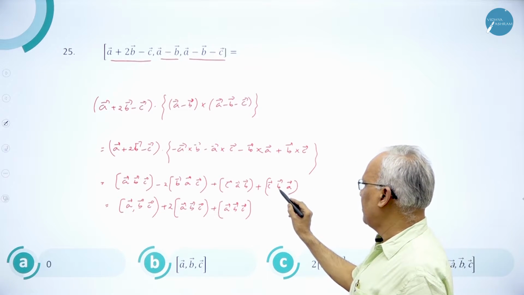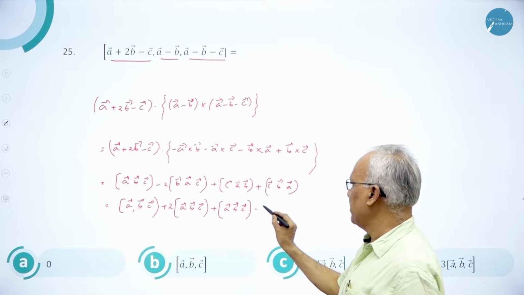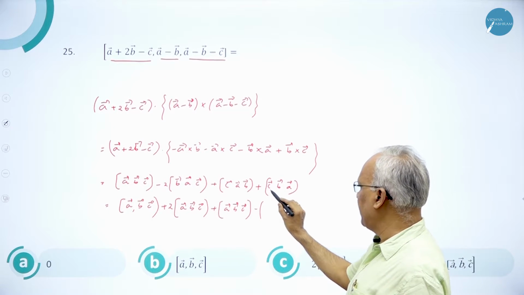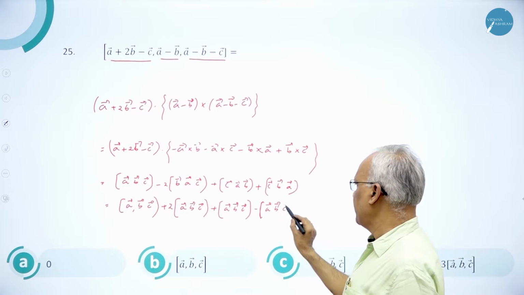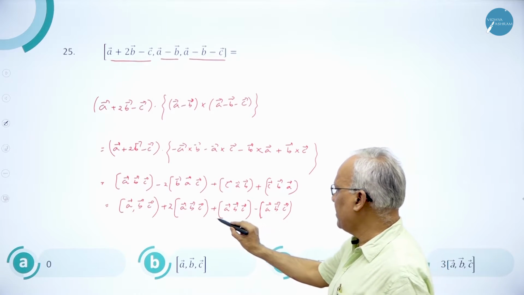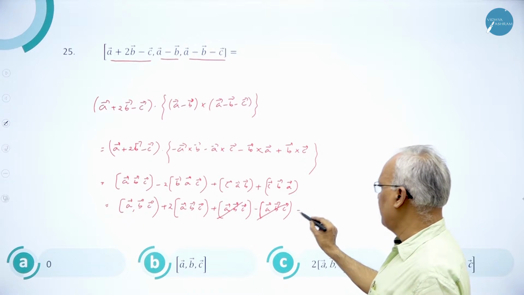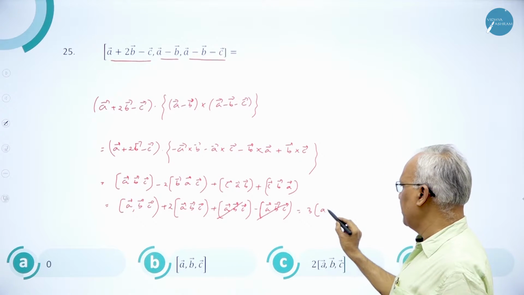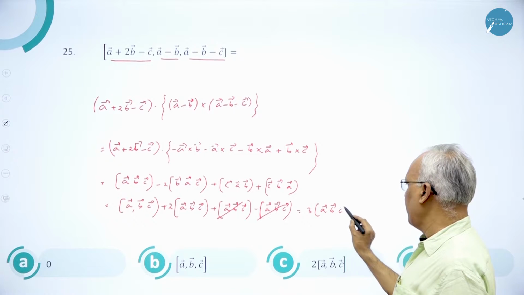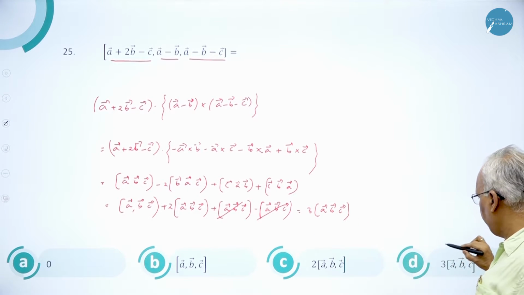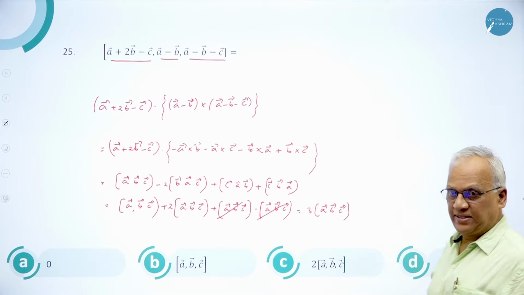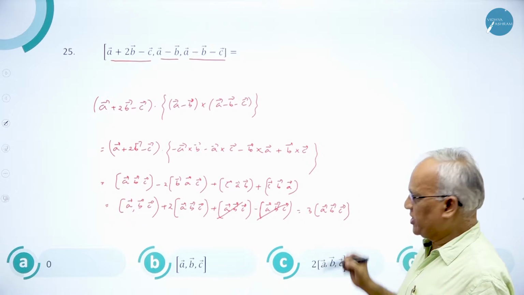CBA is a negative of ABC; if you interchange these two, A comes here, B comes here, so it becomes minus ABC. And this ABC minus ABC cancels, which is equal to 3 times ABC. The answer is 3ABC. But this is very time consuming.